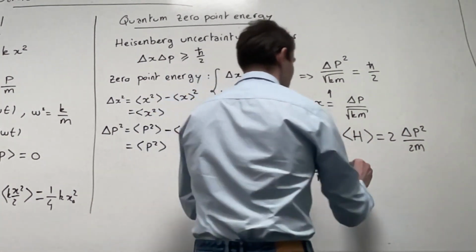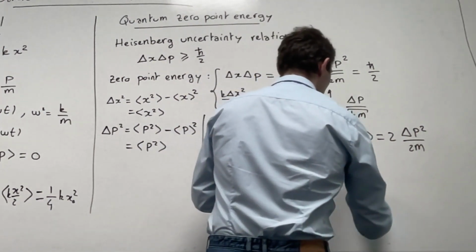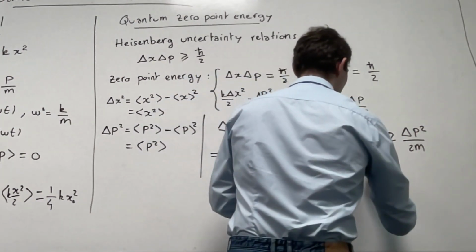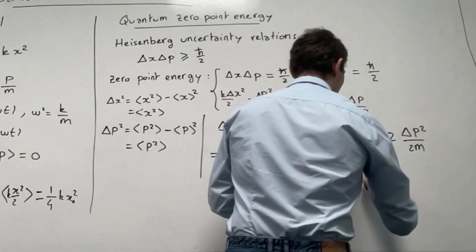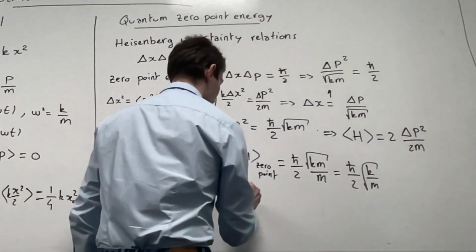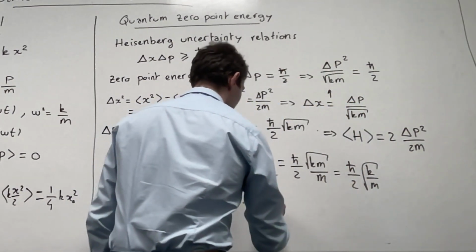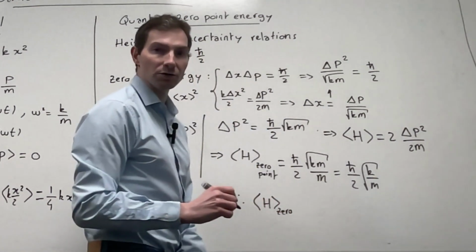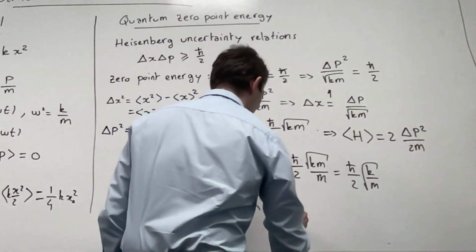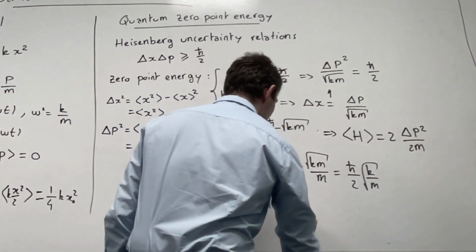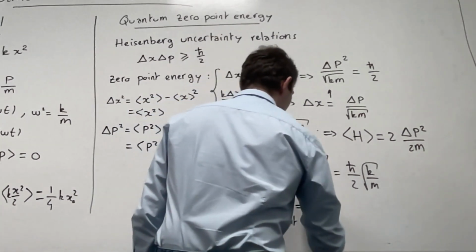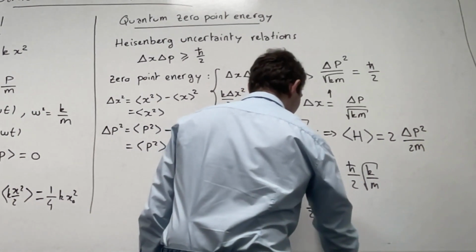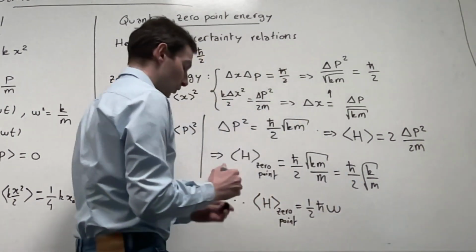And essentially this is h bar over 2 and then the square root of k over m. And so we end up with the formula that H 0 point, which is the lowest energy you can get in quantum mechanics because of the saturation of Heisenberg's inequality, is half of h bar omega.